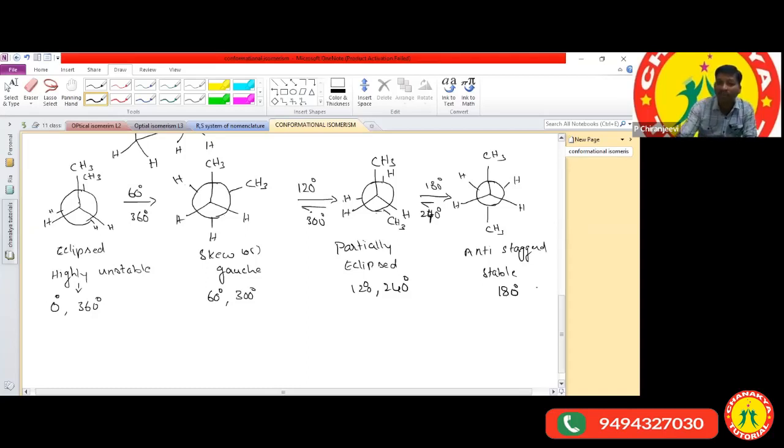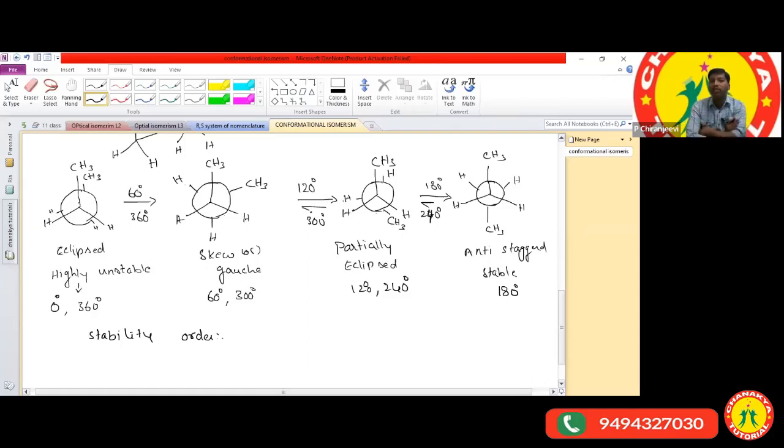Now, sometimes they ask the stability order. What is the stability order of n-butane? Which one is more stable?